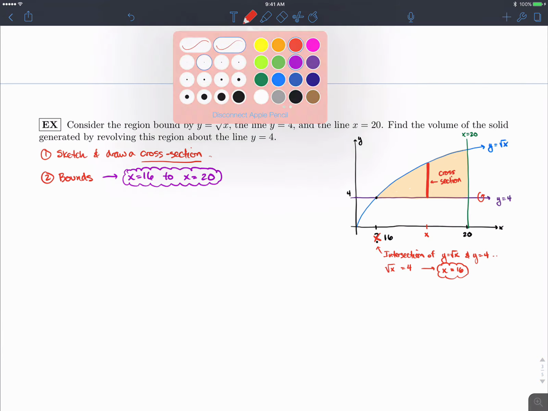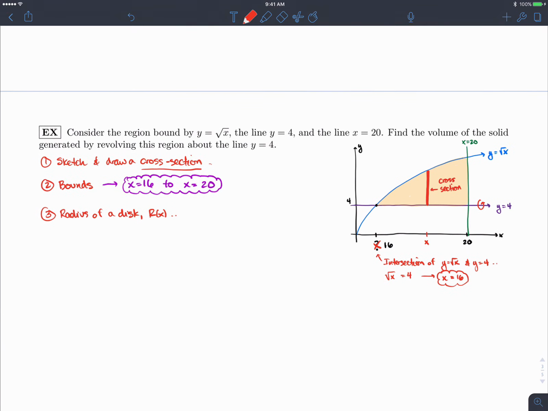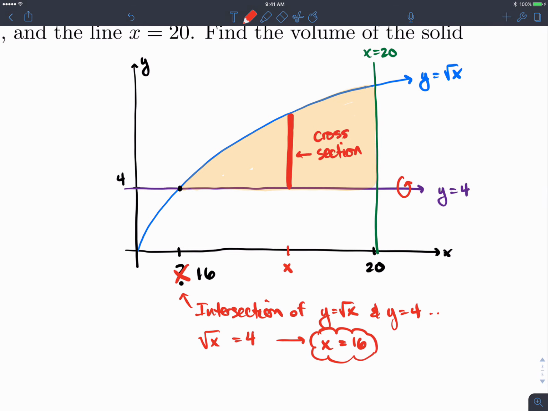All right, and then the third thing that we need now is a formula for the radius of a disk, namely big R of x. Now remember, these disks are generated from every single one of these cross sections, one of which we drew here, being rotated around the axis of rotation.